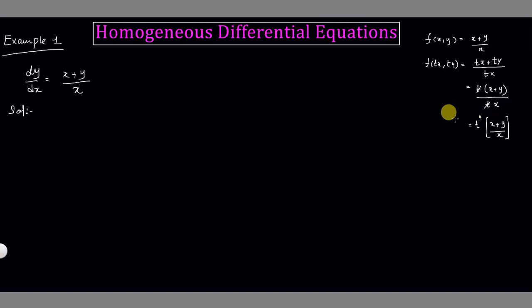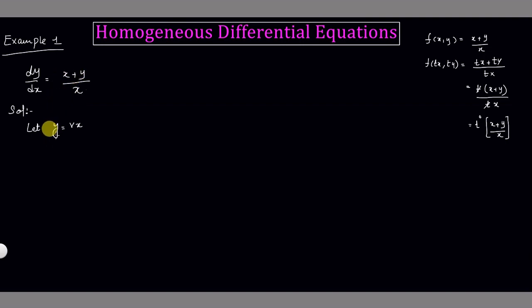It means you can apply a different strategy in this particular question. If you have a homogeneous differential equation, this type of substitution will be used throughout the article: y is equal to vx. This substitution will be used whenever you have a homogeneous function in the differential equation.